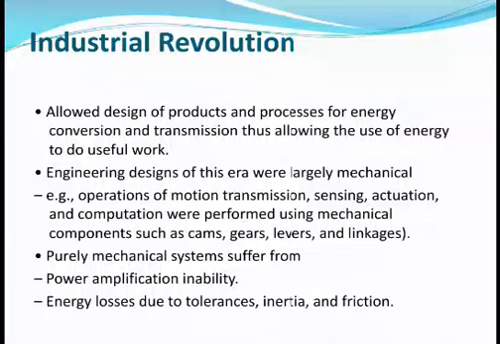So ultimately, in the industrial revolution, we were producing power or energy and converting it into work, but we were lacking the ability to amplify or magnify it, and we had losses of energy in the form of tolerance, inertia, and friction, which are unwanted for the smooth operation process.